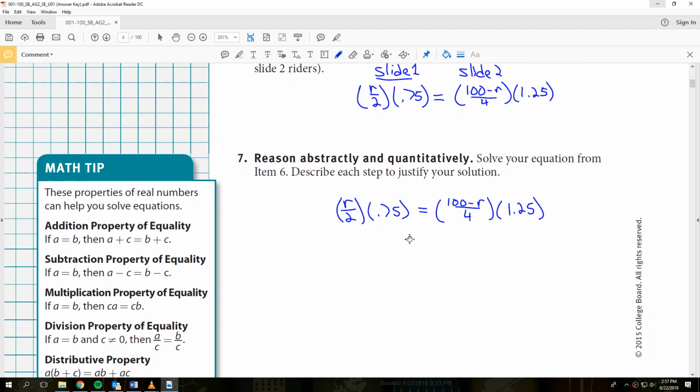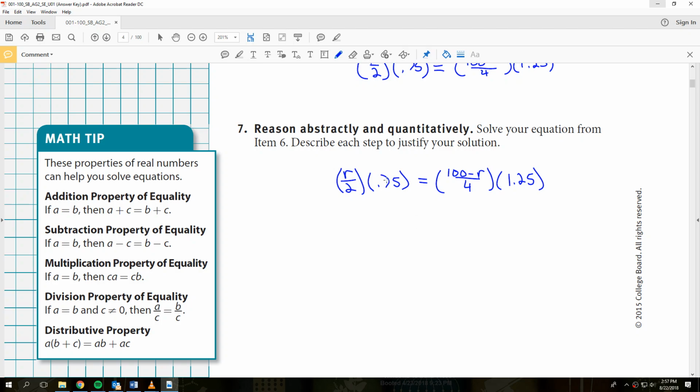For example, one way to solve this might be to convert this 0.75 to 3/4, and you could multiply that in there. Instead of writing this 1.25, you could write 5/4 and multiply it out. I'm just going to leave it as is. Again, there are a lot of different ways to do this. I'm just going to start combining.